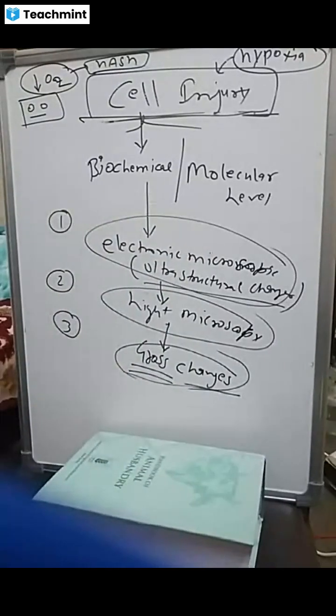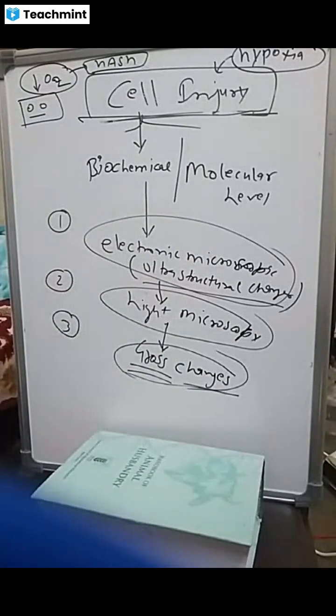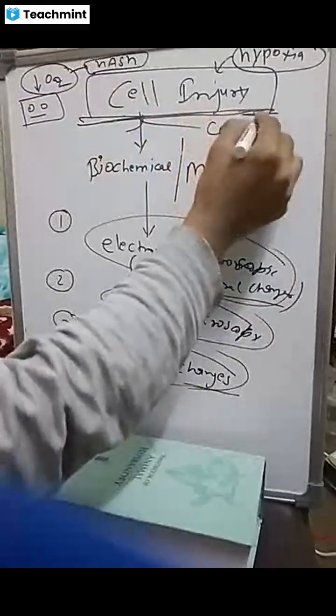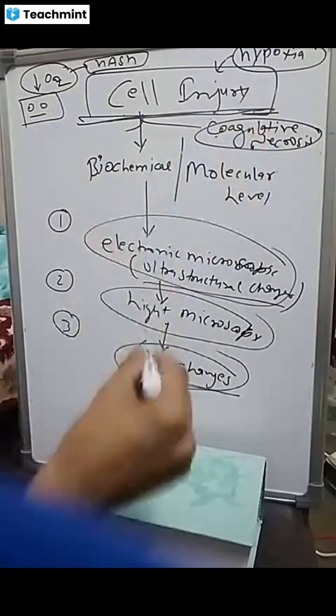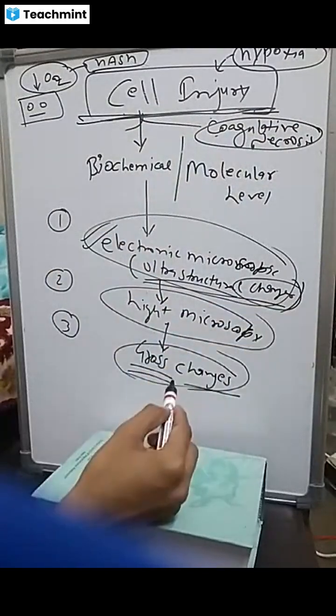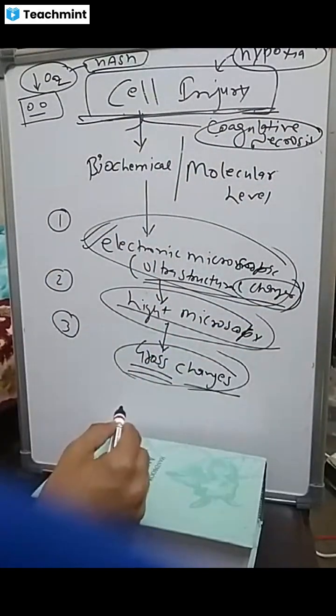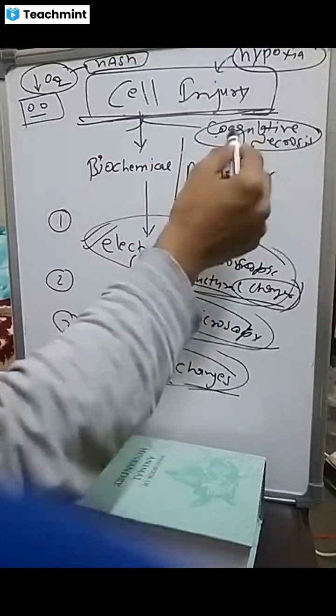So in coagulative necrosis, there is injury. Suppose this cell injury is your coagulative necrosis. In coagulative necrosis, we'll discuss ultrastructural changes, light microscopic changes. What are the gross changes seen?